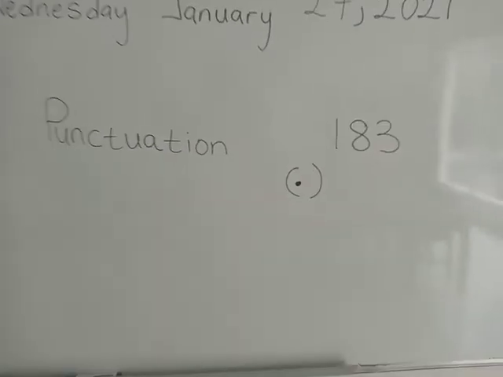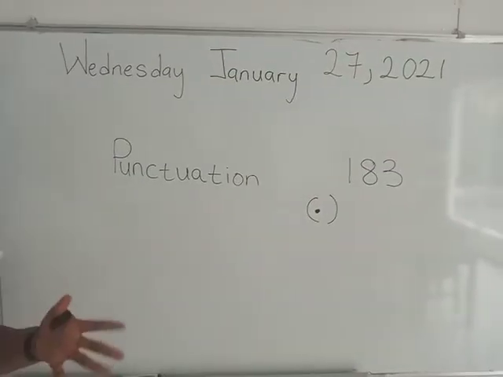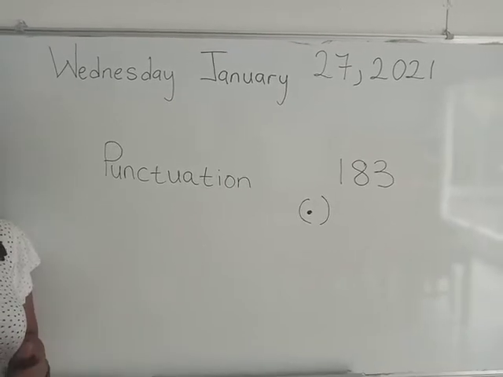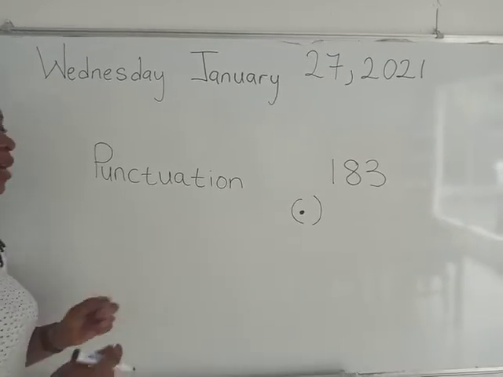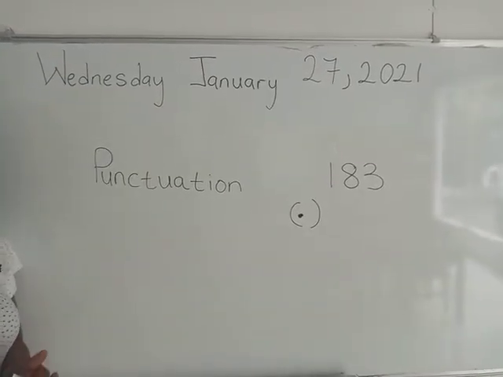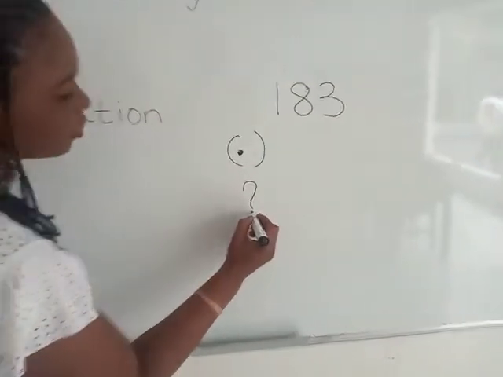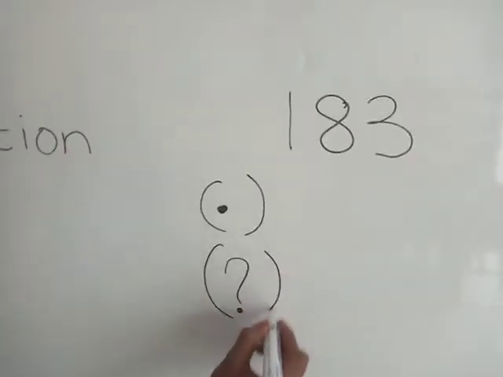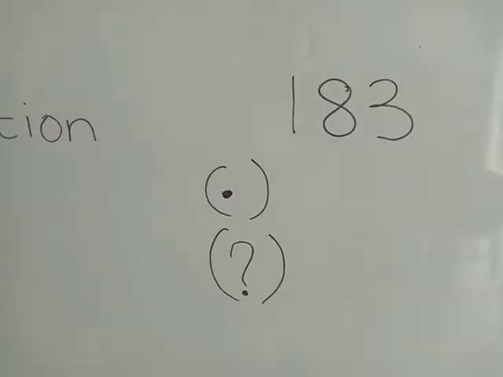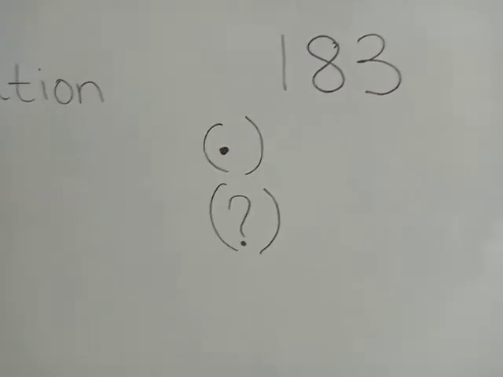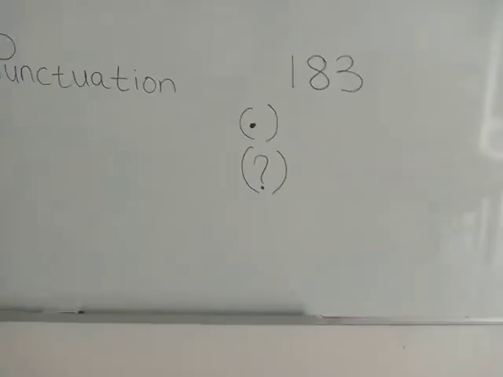And we also talked about an asking sentence, which is a sentence that asks us about someone or something. And we said that at the end of asking sentences, we put a question mark. So this is a question mark. And the last type of sentence we talked about was surprising sentences.